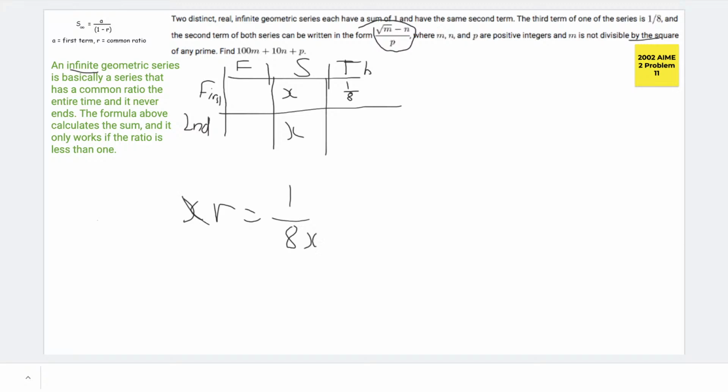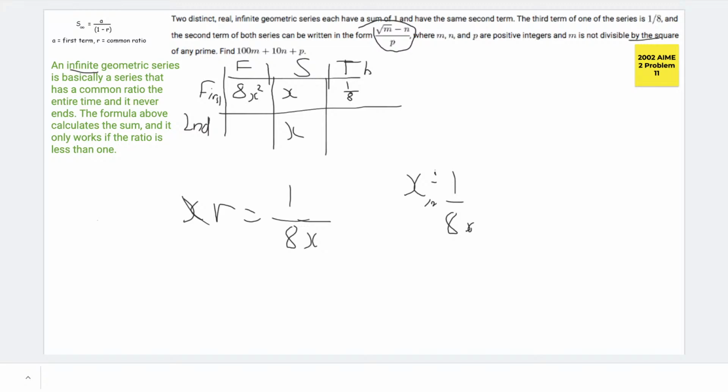And that is the ratio. And then you can check it by multiplying this by x, and you see indeed that is the ratio. And now to find the first term, you just do x divided by the ratio 1 over 8x. Then you just take the reciprocal and you get x times 8x, which means the first term is 8x squared.